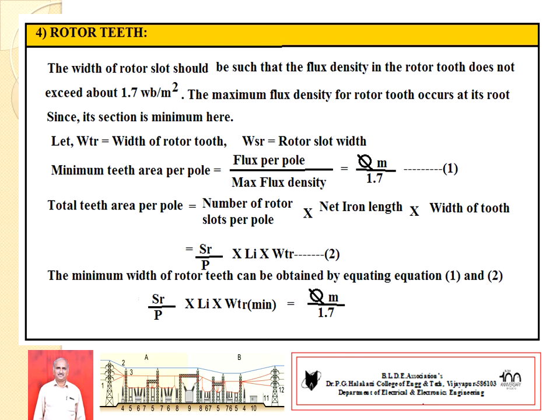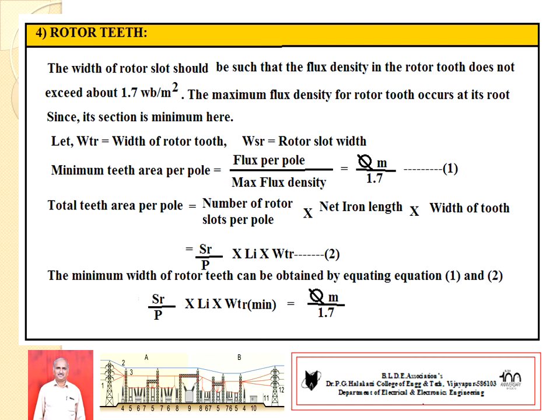Let WTR be the width of rotor teeth, WSR the rotor slot width. The minimum teeth area per pole is flux per pole divided by maximum flux density. This gives equation 1.